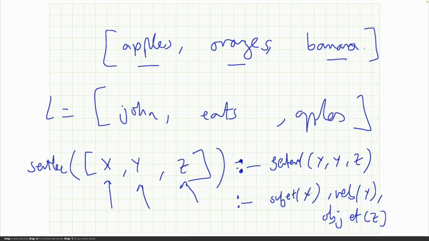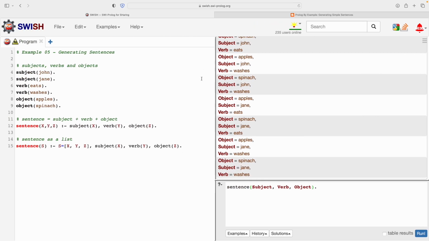So if this is true, if X is a subject, Y is a verb, and Z is an object, then sentence is true where this list consists of X, Y, Z. Let's see that in action, because that will bring it to life. And in fact, you can see in the example program, we have that listed here.